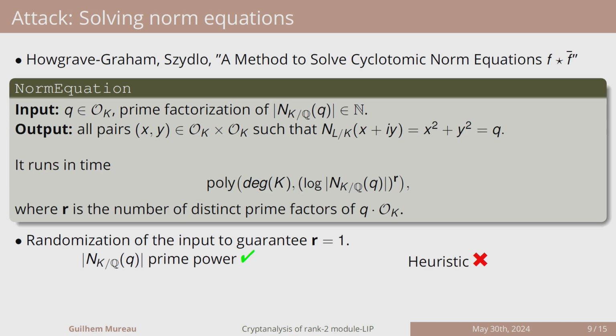A drawback is that now the attack is heuristic. We need some assumption to estimate the probability to get a new input after randomization, as we want, with R equal to 1. And so the conclusion is that we get norm equations which are easy to solve.